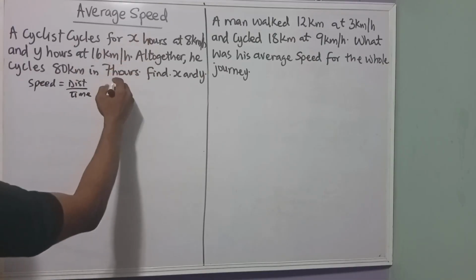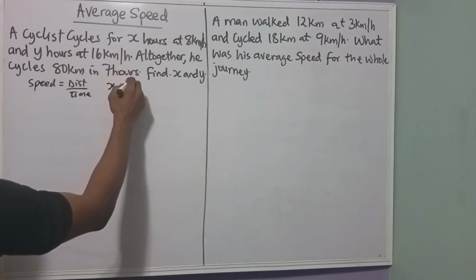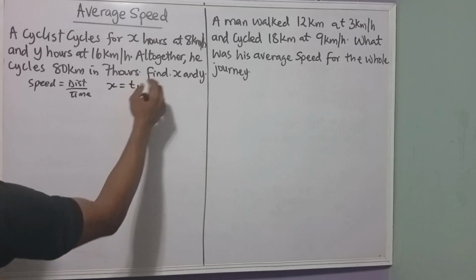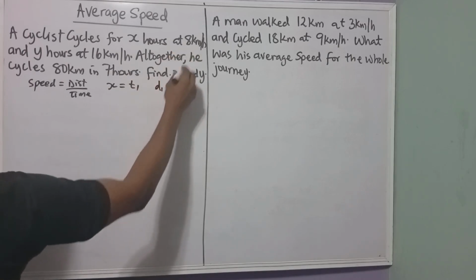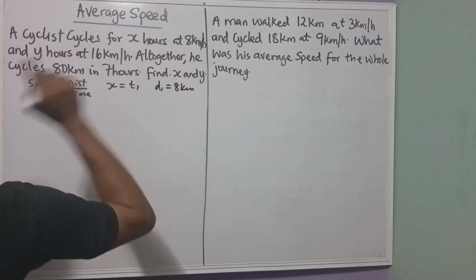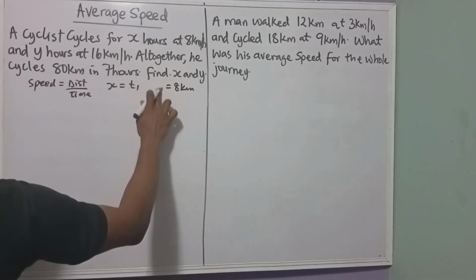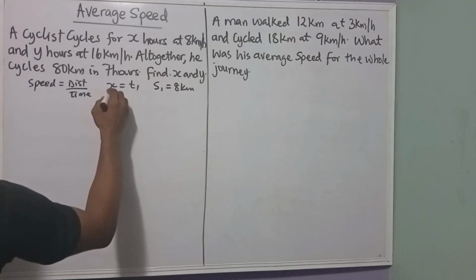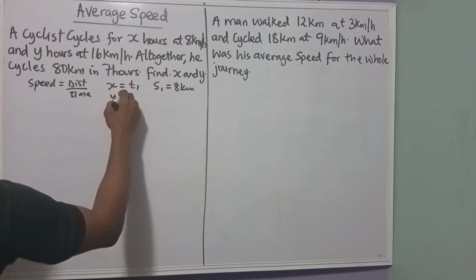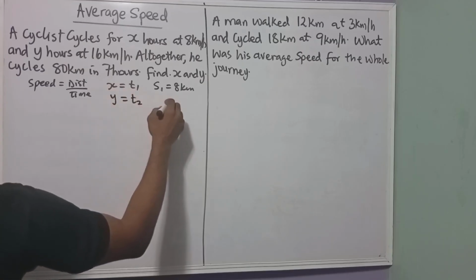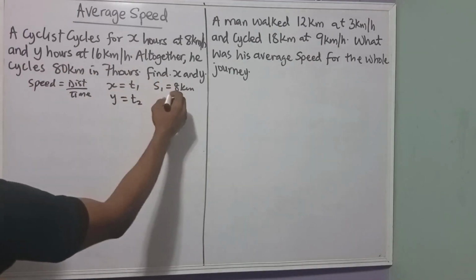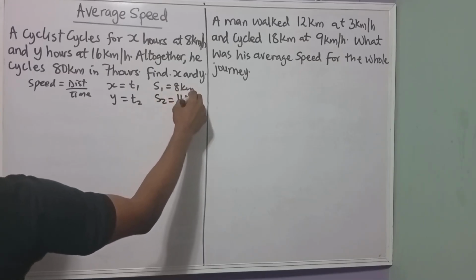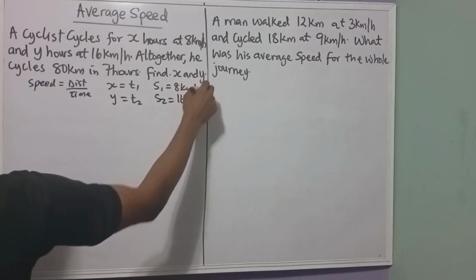Here, let's call X as T1, and S1 is 8 kilometers per hour, and Y equals T2, and S2 equals 16 kilometers per hour.